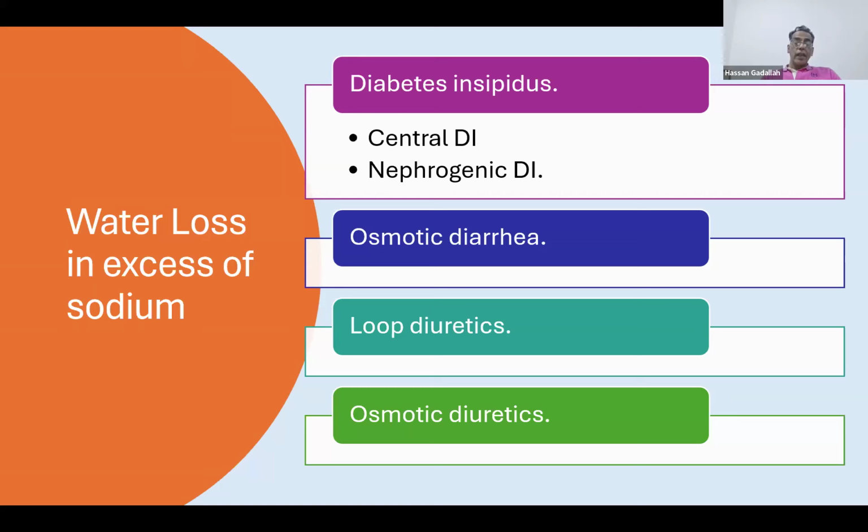So there is a huge amount of water lost. Actually, osmotic diuretics lead to both sodium and water loss, but the water loss is too much relative to the sodium loss.